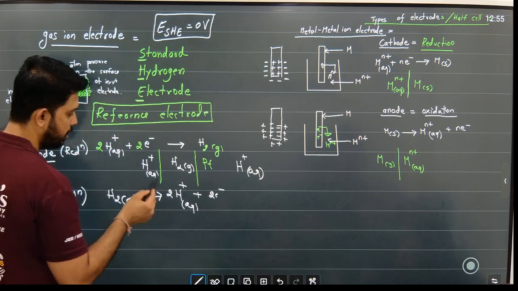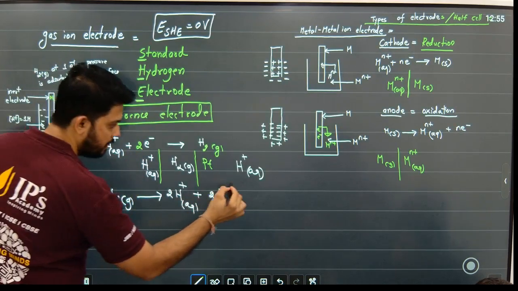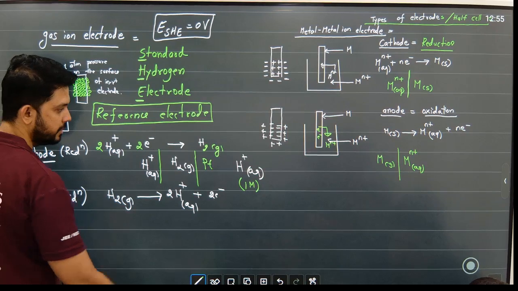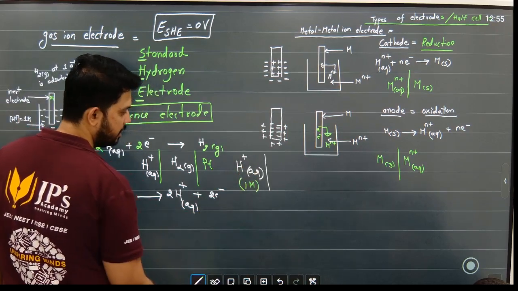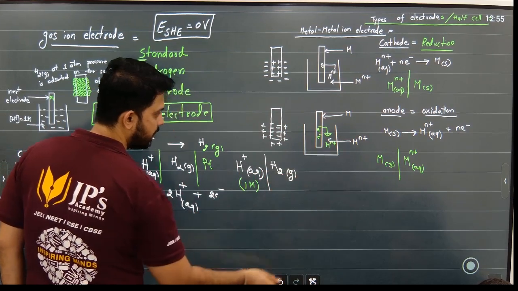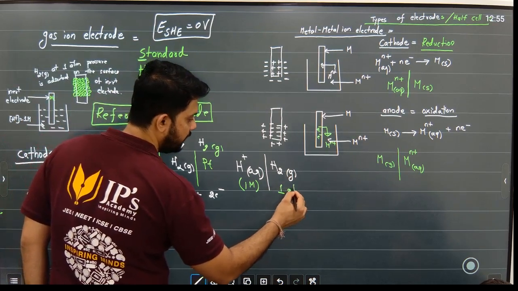Another way to represent this is H plus aqueous. थोड़ा और डिटेल में. What is the molarity of H plus ions in the solution? 1 molar. So you also write the concentration. Then H2 gas. What was H2 gas का pressure? 1 atm.